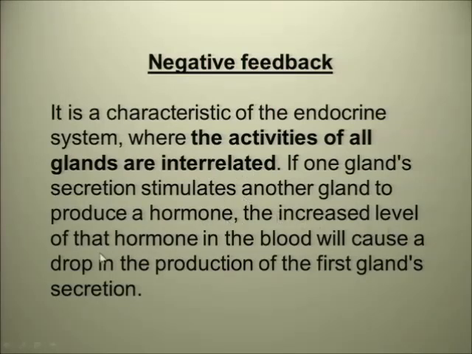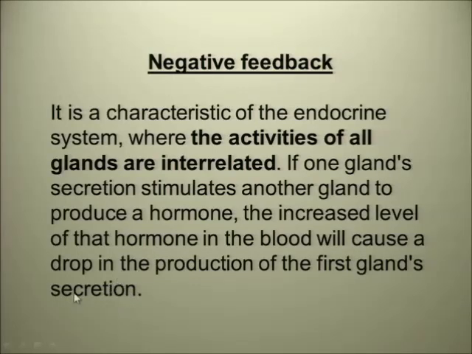The increased level of that hormone in the blood will cause a drop in the production of the first gland's secretion. As we do negative feedback mechanisms, you will see what we mean by this definition. The secretion stimulates another gland to produce a hormone, and this hormone causes the first gland's secretion to drop or to be inhibited.